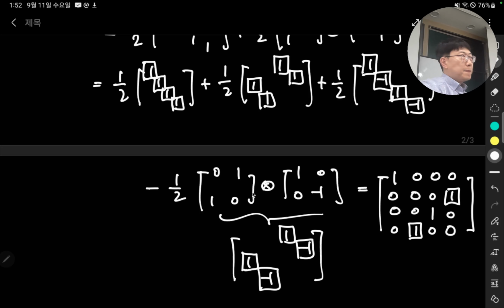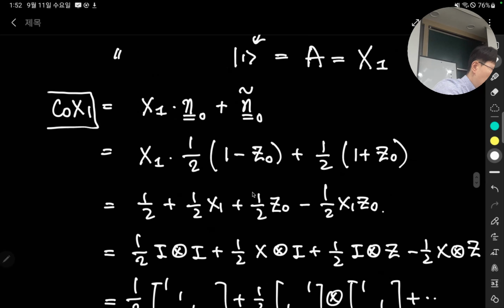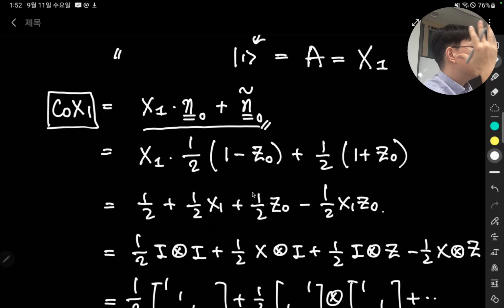So this is the matrix representation. I'm emphasizing that you can make your CNOT gate as a linear combination of these number operators by thinking about how the CNOT gate acts on each qubit.